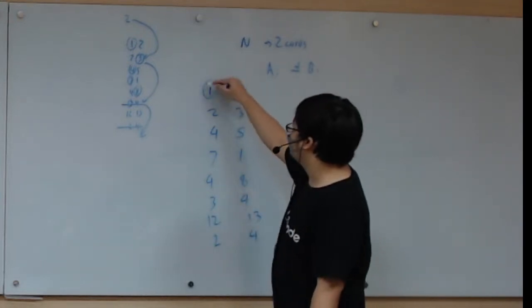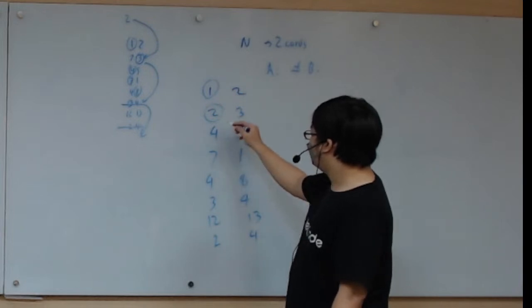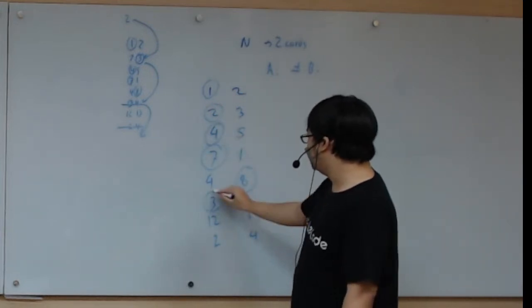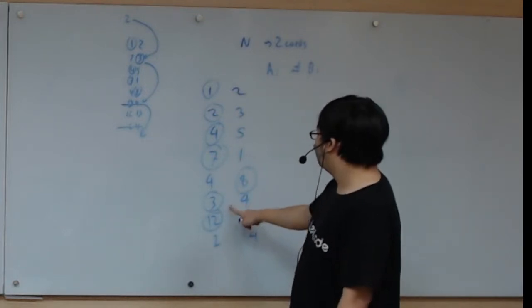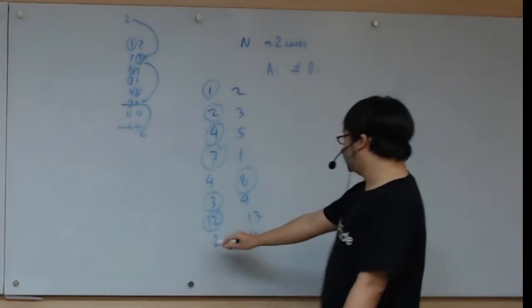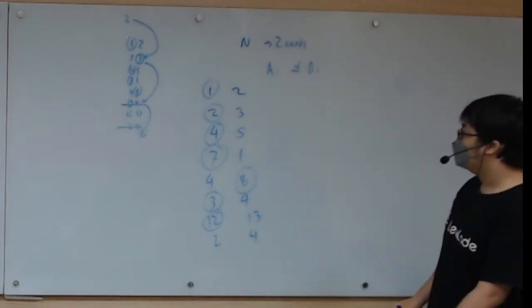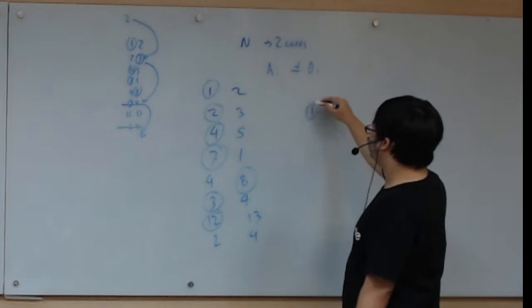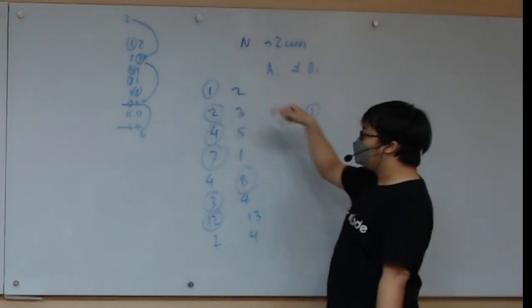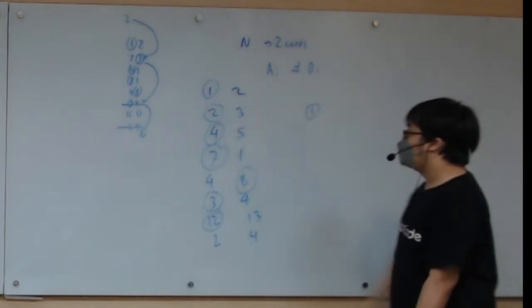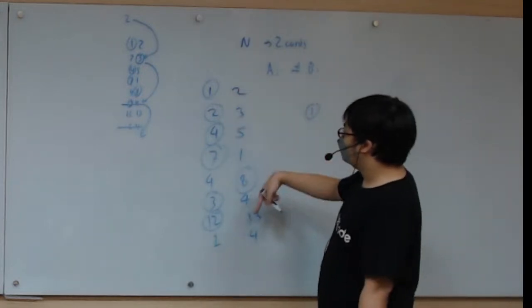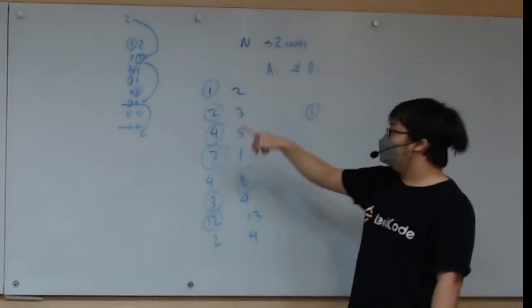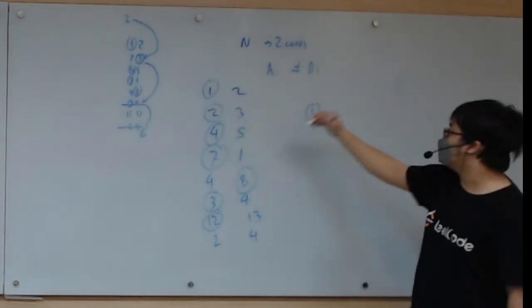So when we simulate this, let's say this is the card that is chosen, and here is 8, here is 3, 12. For my solution, we build a graph where the nodes are the card indices, and whenever we run this simulation, if we choose the first card and the second card is not chosen, we add an edge.